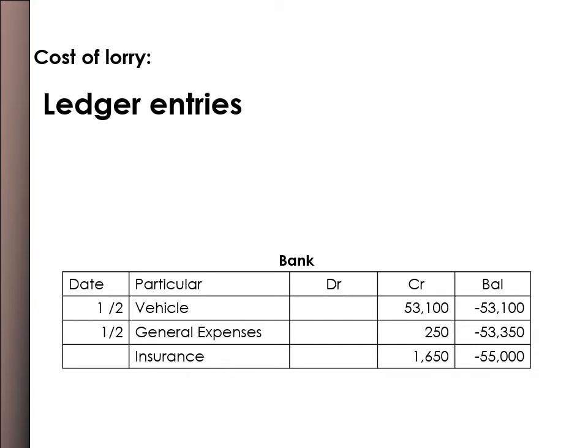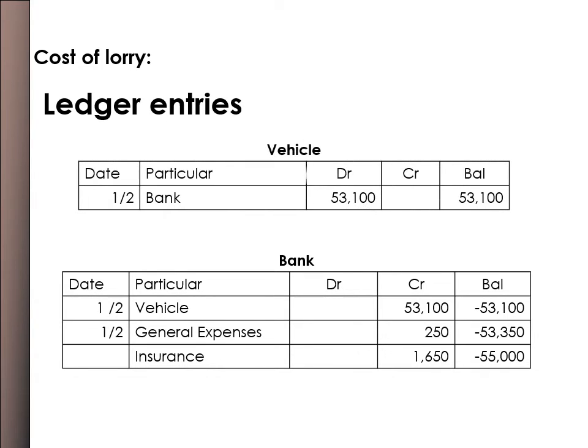The road tax and also the insurance will be separated from the actual cost that we will record for the vehicle, the lorry, in our account. So your vehicle is only recorded at 53,100. That includes the painting and the import duty, because the import duty for the lorry is not recurring.